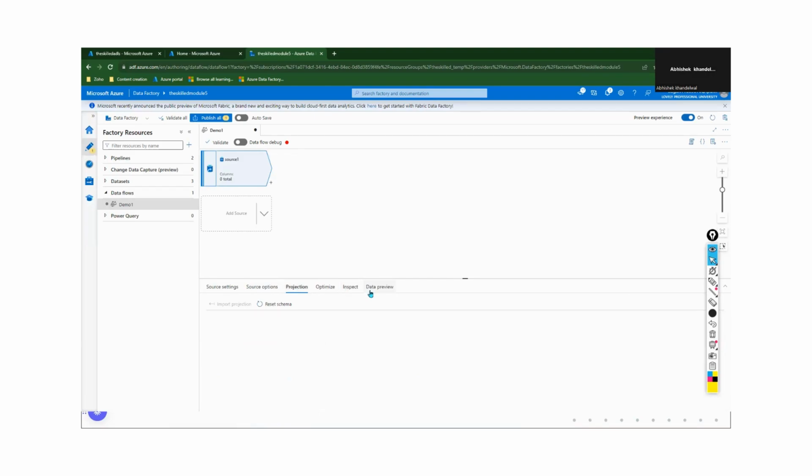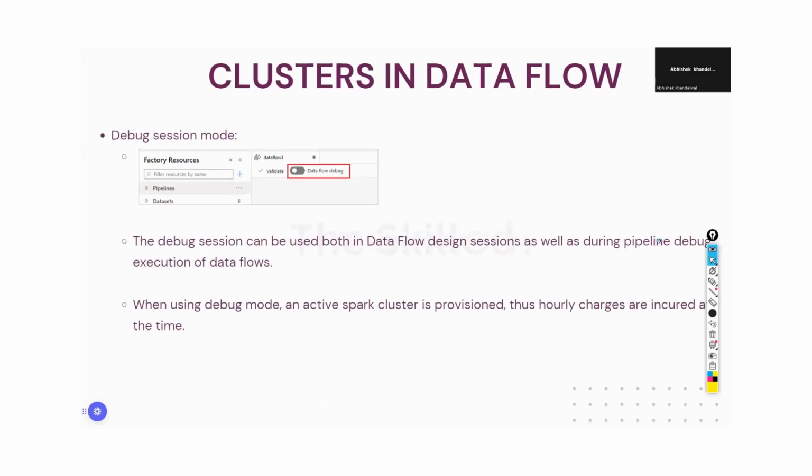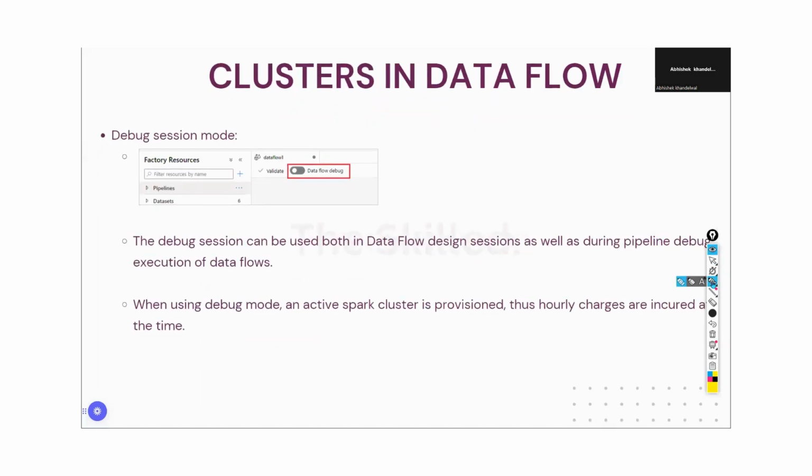But first of all, we will be focusing on this data preview. So what is data preview? Data preview is basically, as I told you earlier, the data flow works on Spark clusters.